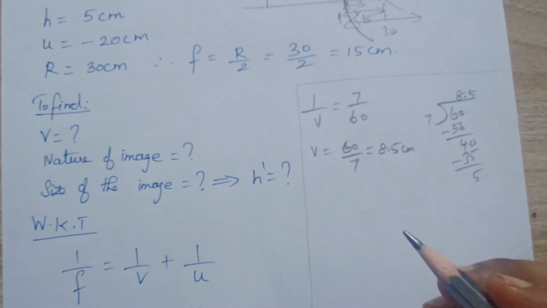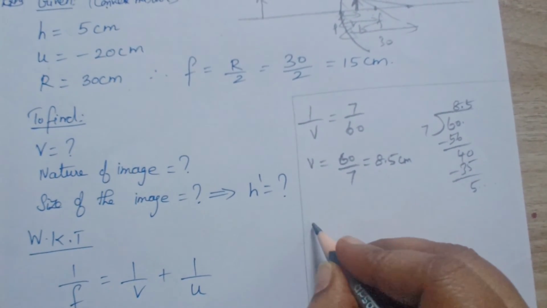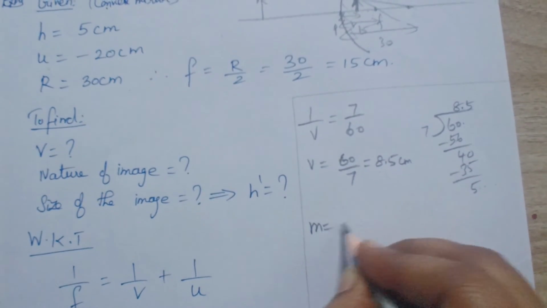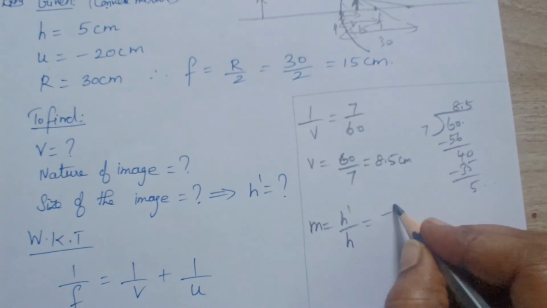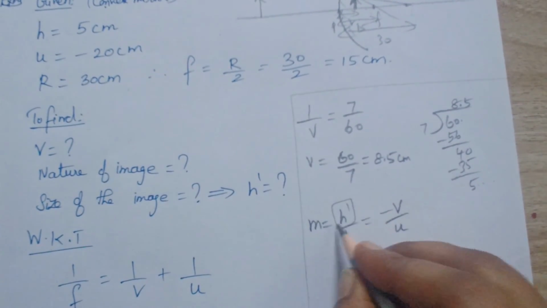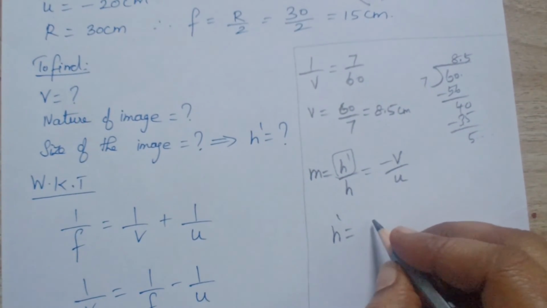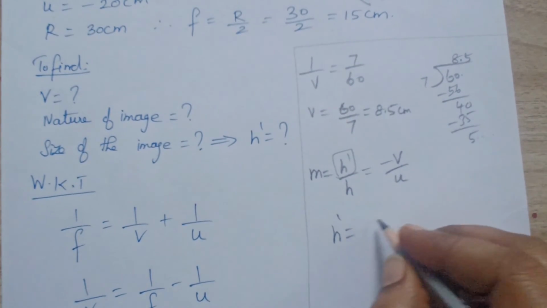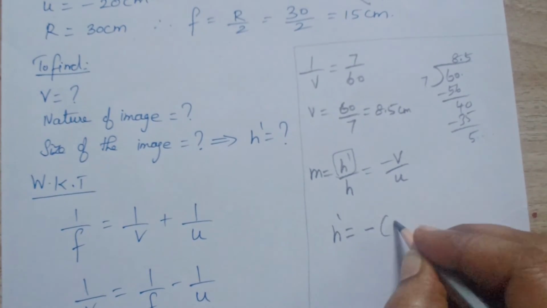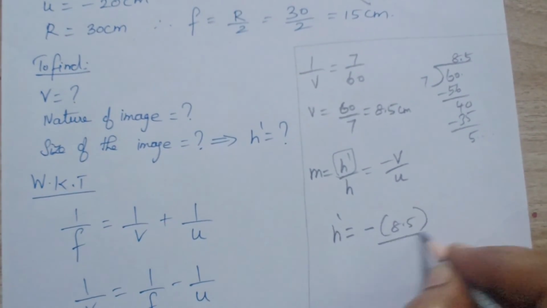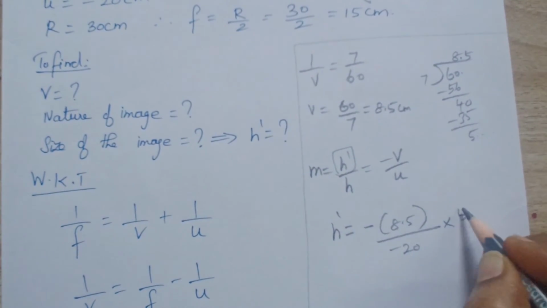Now we'll find the nature of the image. You know the object height, so magnification equals h dash by h, that is equals minus v by u. If you want the h dash value, h dash equals minus, what is the value of v? 8.5 by u value minus 20, into the height, which is 5.